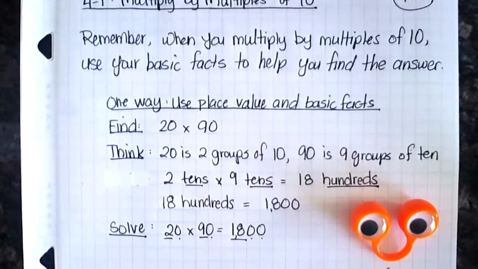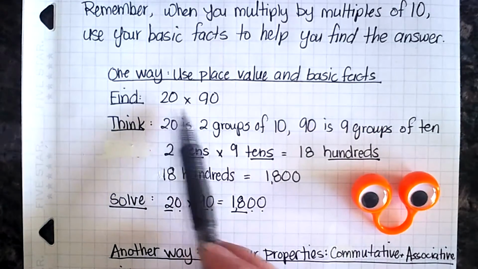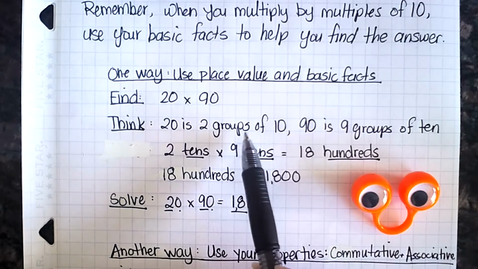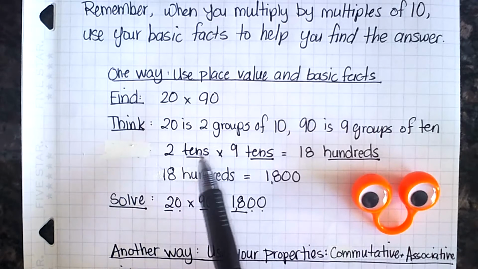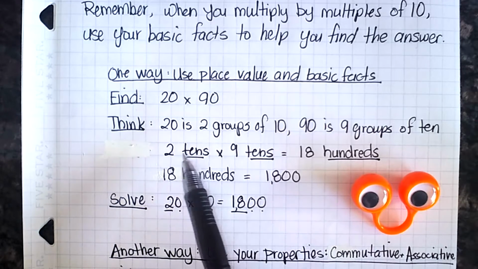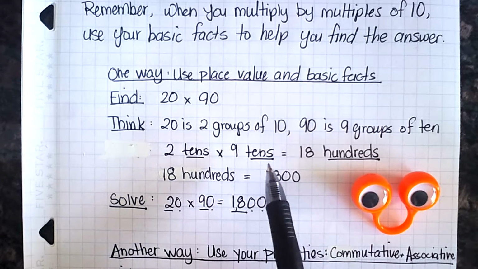So one way we can solve is we can use place value. I have 20 times 90 as my example. So I need to stop and think. 20 is 2 groups of 10 and 90 is 9 groups of 10. So I have 2 tens times 9 tens. I know 2 times 9 is 18, and I know tens times tens are hundreds.